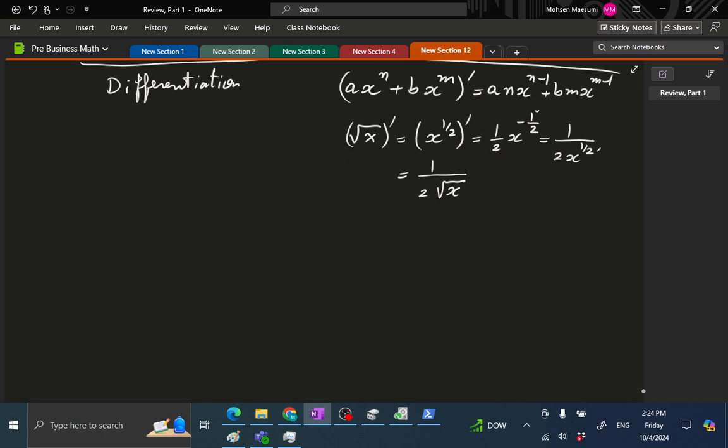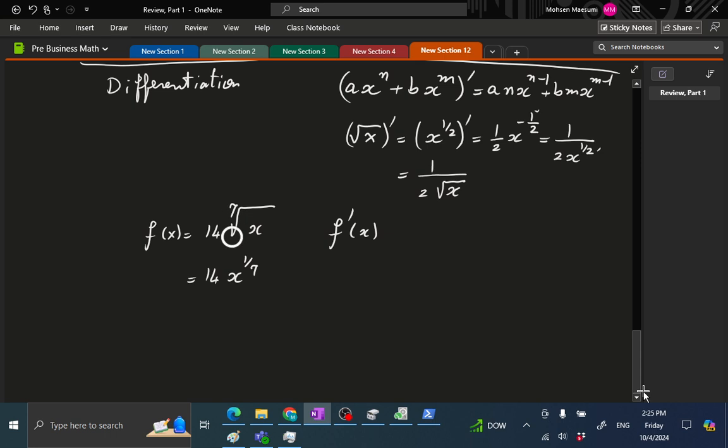So here's a question: if I have f of x equal to 14 times the 7th root of x, what is f prime of x? So first we write this in power notation. It becomes 14 x to the 1/7, since the 7th root means the exponent is 1/7, and for the derivative, we multiply by the exponent.